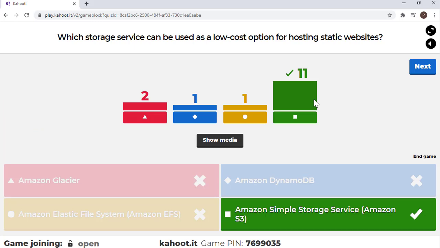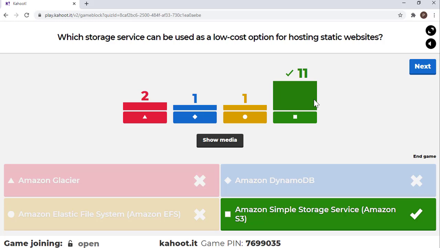Yeah, most of you got it right again. It's Amazon Simple Storage Service. As long as it is low cost, it's going to be Amazon S3 hosting static websites, and the website needs to be accessible immediately. So it is S3. You will not be able to host a website on Glacier because it is mainly for archive, and if it is put in an archive, your users will not be able to access the website in real time.